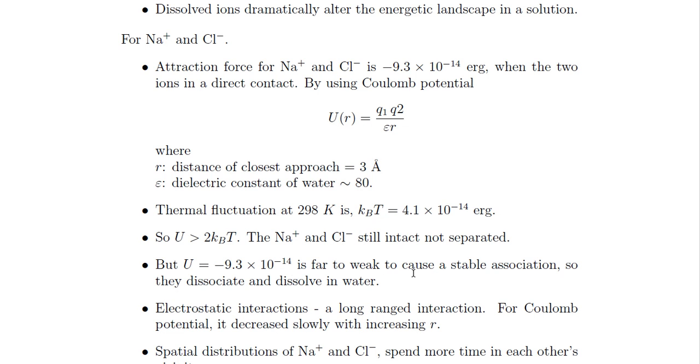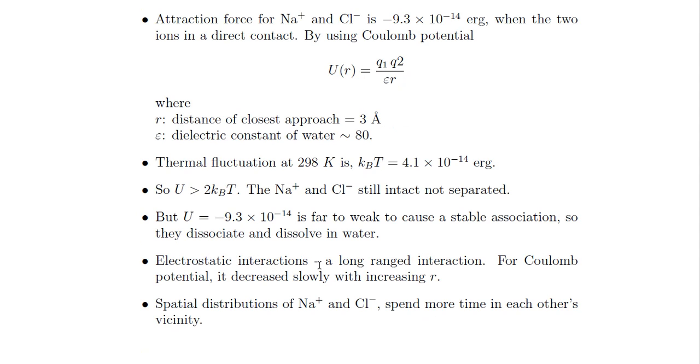Electrostatic interaction is a long-range interaction. The Coulomb potential decreases slowly with increasing R. So we know that if we increase R, U decreases. And the spatial distribution of Na plus and Cl minus spends more time in each other's vicinity. Meaning that, as I said earlier, even though they dissolve in water, they are still near each other.